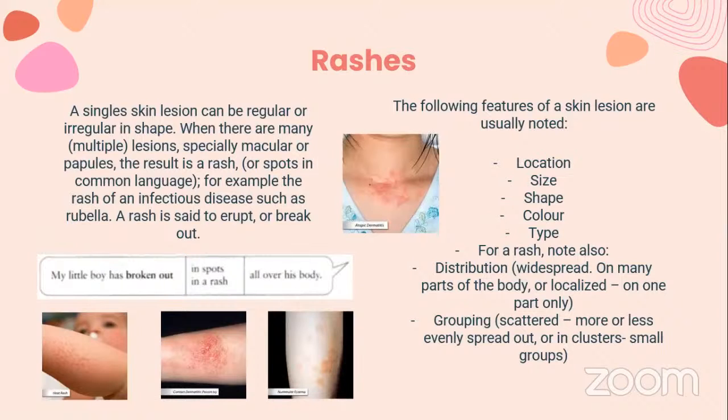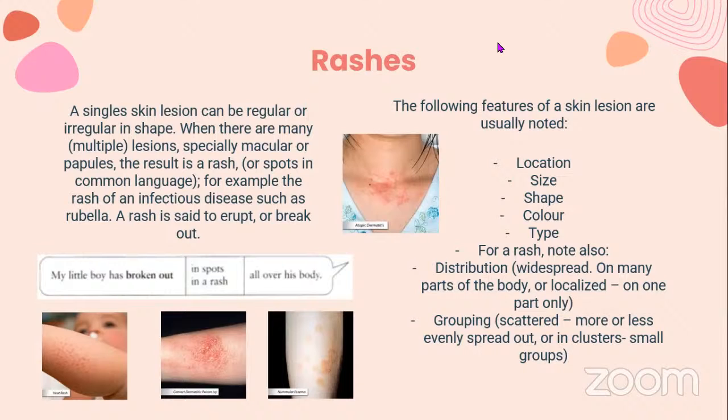The following features of skin lesions are usually noted: location, size, shape, color, type. For a rash, note also distribution, widespread on many parts of the body or located on one part only. Grouping is scattered, more or less evenly spread out, or in clusters, small groups.